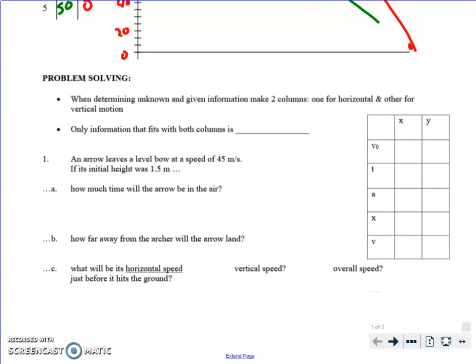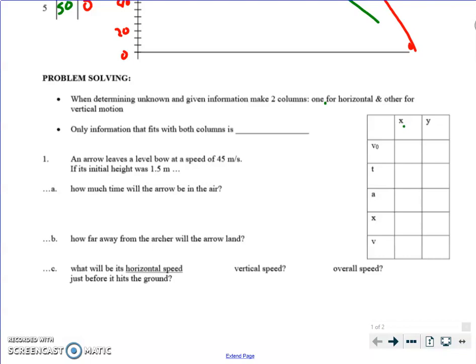When you go to solve a problem, like if I say I launch something with a certain speed, how much time is it in the air, or how far does it go, we want to do our VTAX equations. So we just have to set up horizontal and vertical and understand what information goes in there using the key that horizontal is constant, vertical is accelerated. Okay, so we're going to make 2 columns.